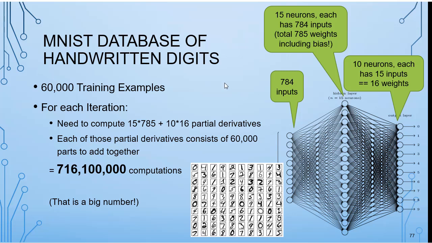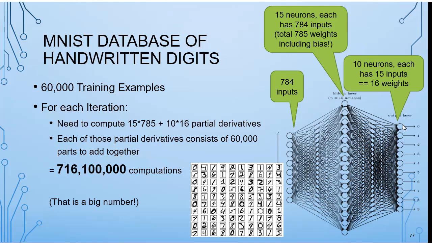Remember when we were running this, we need to compute, how many weights do we have to compute? We have all these weights, which is the 784 inputs connected to 15 of these neurons in the hidden layer. And then we have these 15 neurons here that are connecting to the 10 neurons on the output layer.